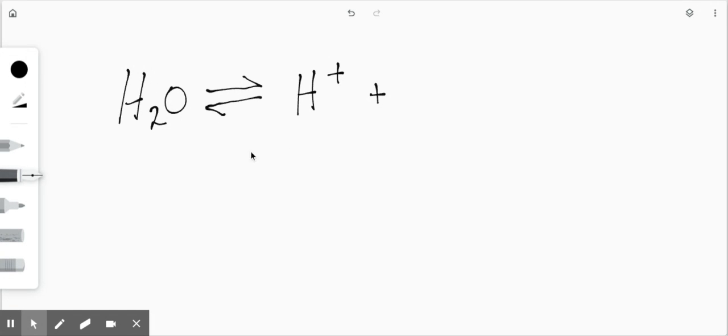Do you think you can figure out what that missing part will be? Good. OH minus. And that is the partner here. That is the base. I know what you're thinking. Well, really, it's that simple? And the answer is yes. It is that simple.